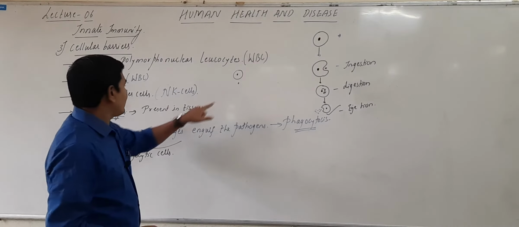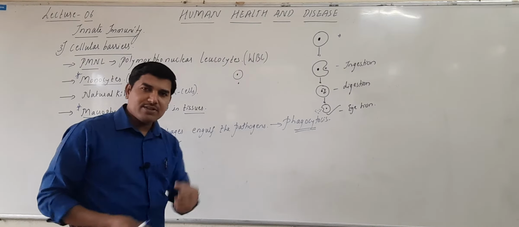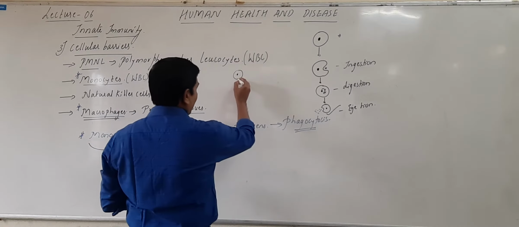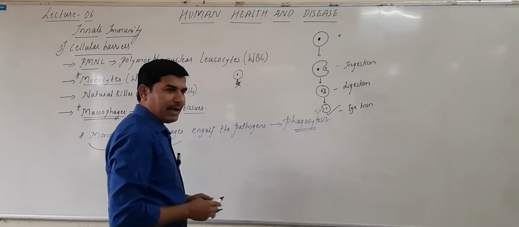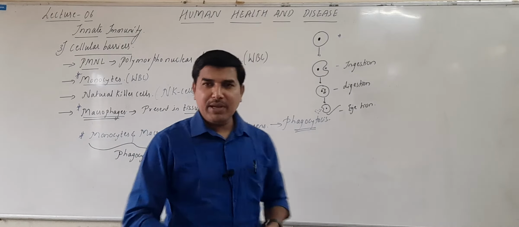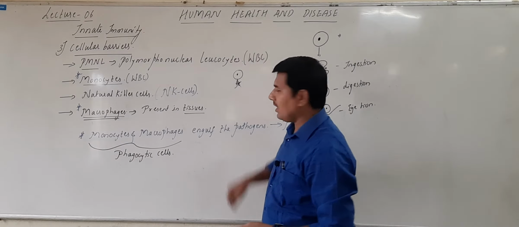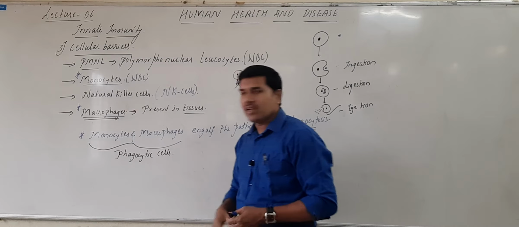When they identify it, they secrete chemicals, and these chemicals are released outside, which will kill the pathogen. By secreting certain lytic chemicals, they kill these pathogens. That's why the name natural killer cells.